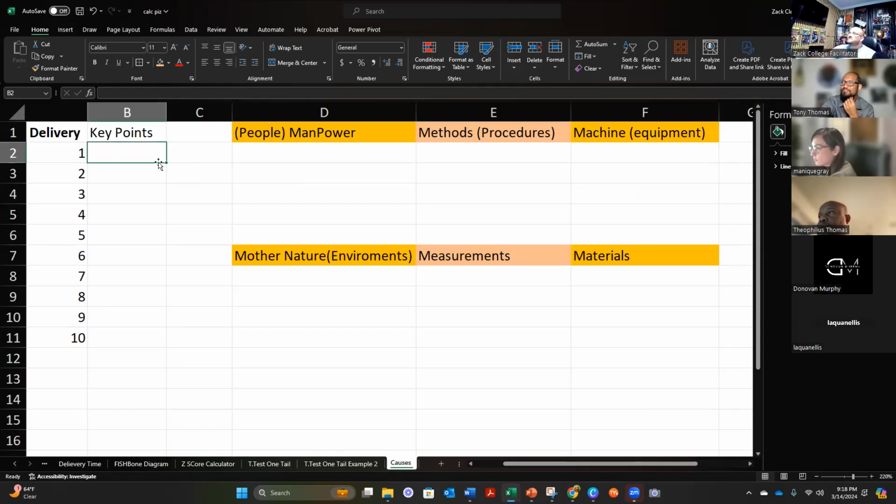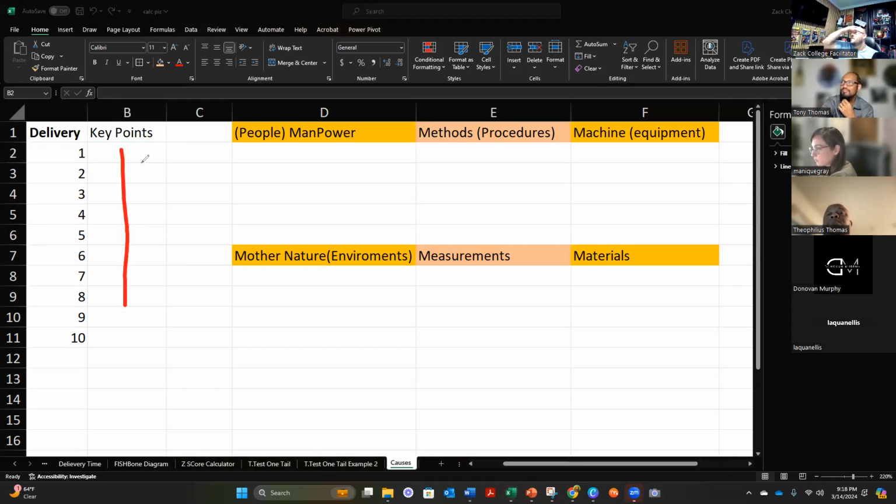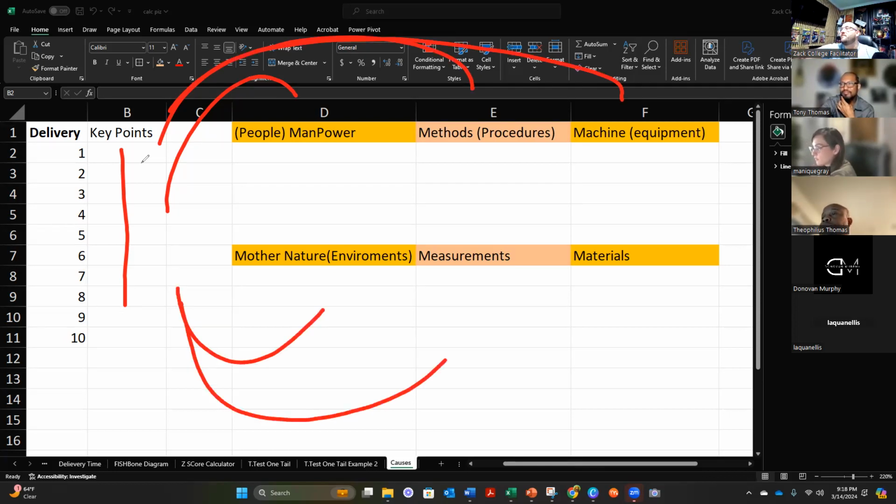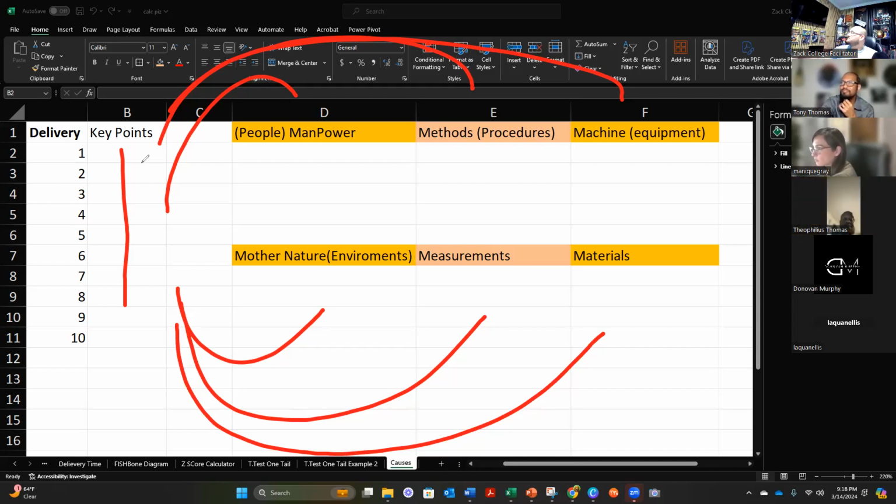Now, as you start to list your essential issues, you can start branching them out and coding them into different categories, right? Every one of those issues may fall within one of these categories.